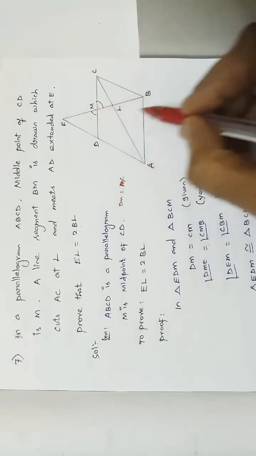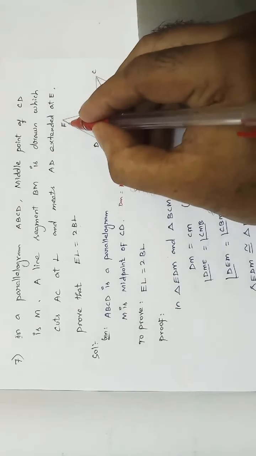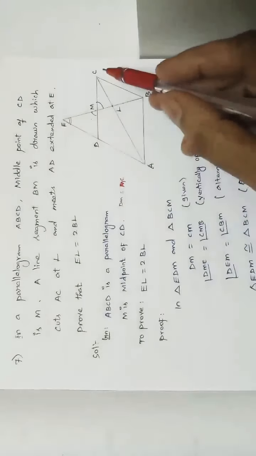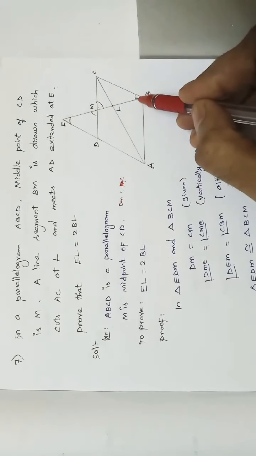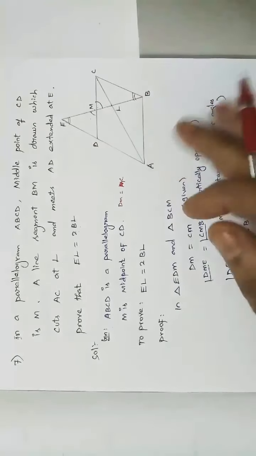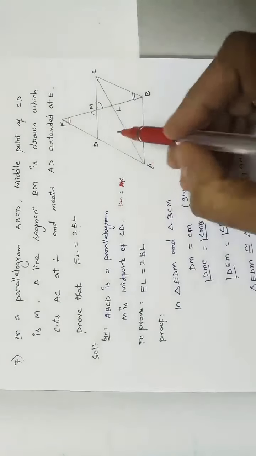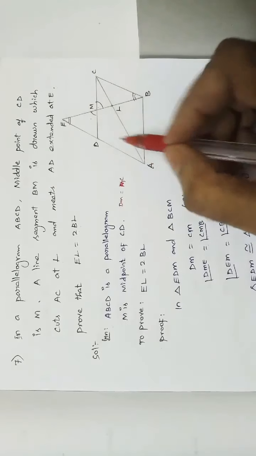Now see, angle DEM is equal to angle CBM. How are these two equal? See, I told you already, ABCD is a parallelogram.